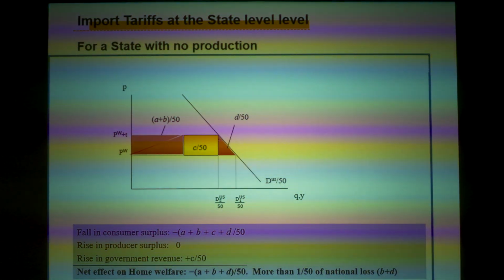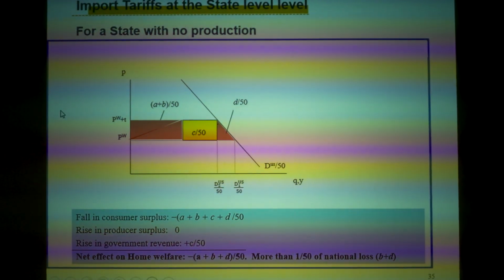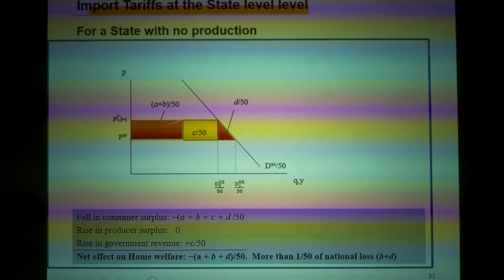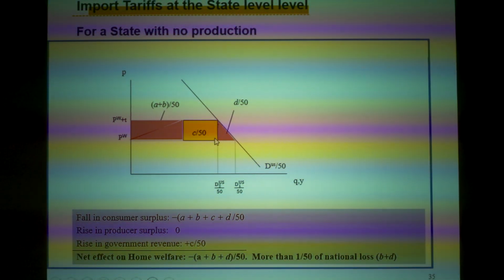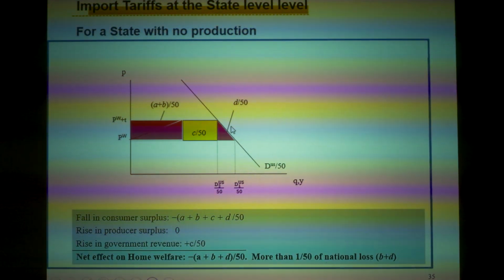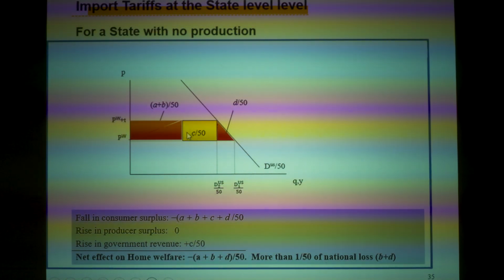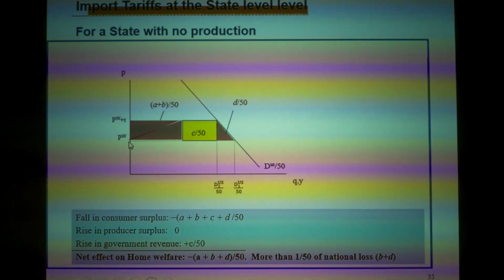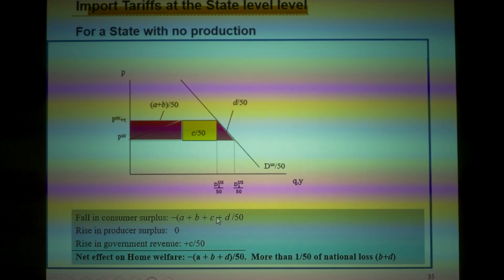So here's a state. It's got the tariff. The price has gone up from PW to PW plus the tariff. Price has gone up. We get a drop in consumer surplus of that entire amount, A plus B plus C plus D, all divided by 50. There's your drop in consumer surplus. That's what I'm showing here.